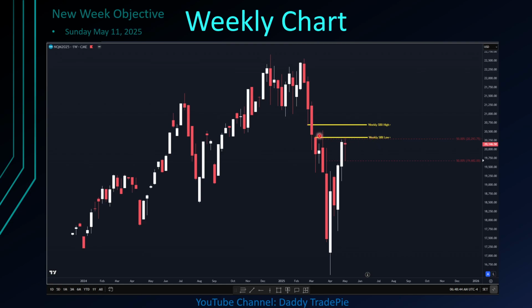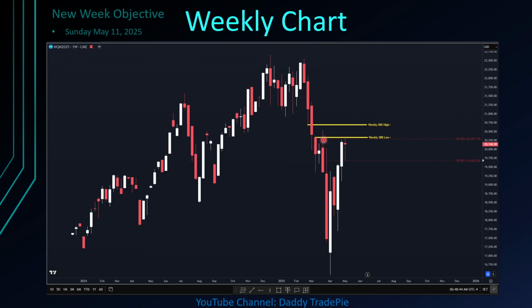As I highlighted in yellow, we can see that the previous week we had traded to the low of the weekly CB, but we couldn't go inside the inefficiency and we traded back. Also this week over here was my point of interest.